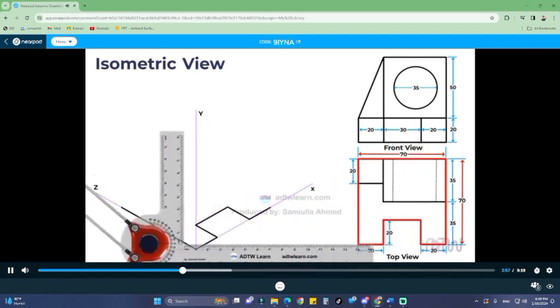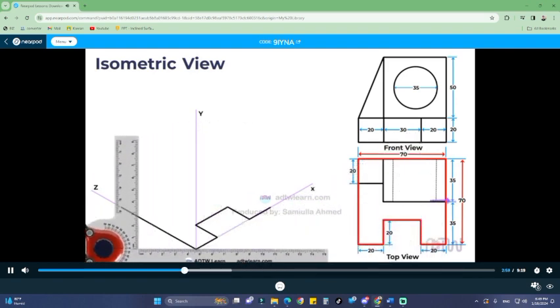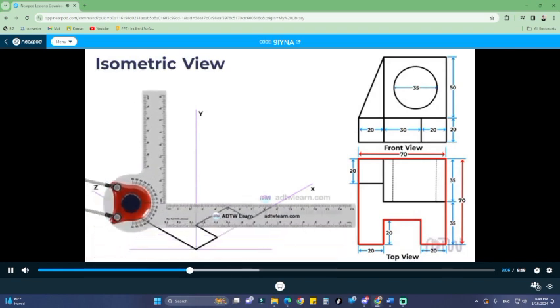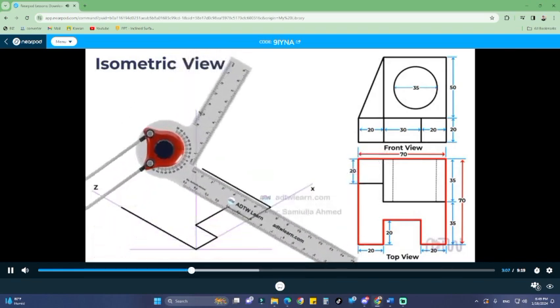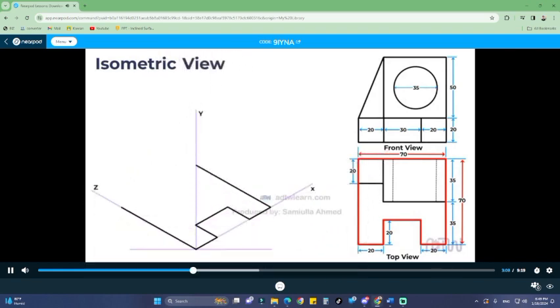Then, we notice that the total length of the object is 70 millimeters. Therefore, draw a 70 millimeters line from the endpoint of the previous line parallel to the z-axis. Finally, connect the endpoints of both the lines to form the complete outline of the top view. This represents the outline of the top view.